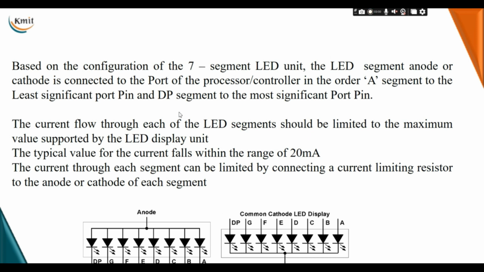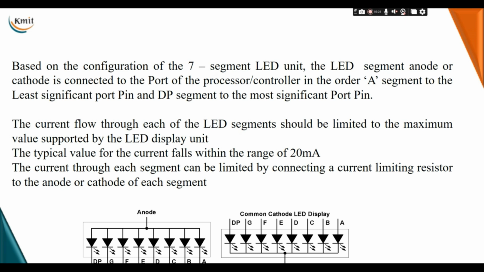Based on the configuration of the 7 segment LED unit, the LED segment anode or cathode is connected to the port of the processor or controller in the order A segment to the least significant port pin and DP segment to the most significant port pin.